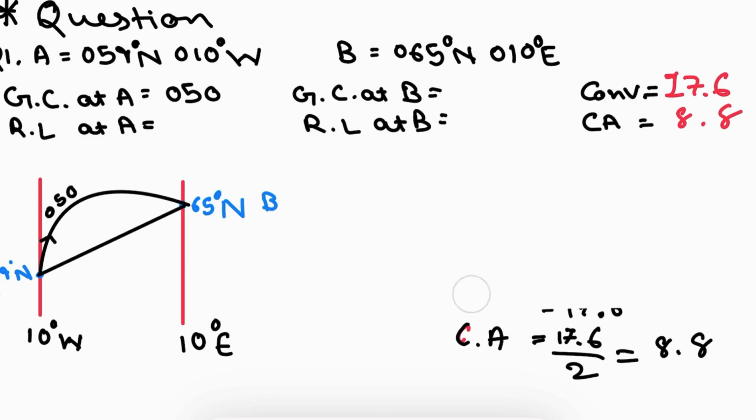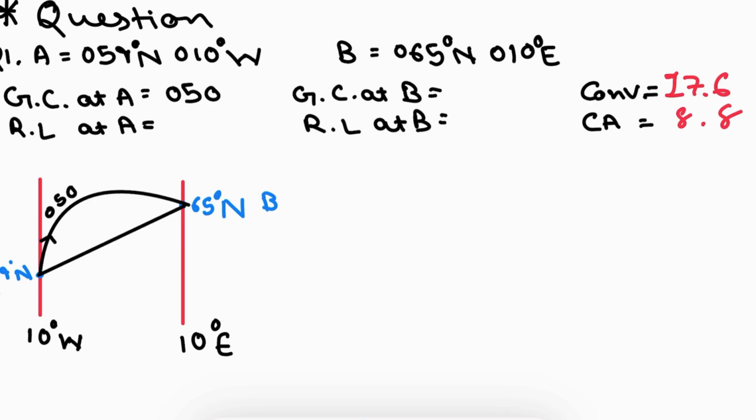Now we are going to find out the rhumb line and the great circle at B and the rhumb line at A. So we know that this conversion angle is 8.8. So if the angle from here to here is 50 and this angle is 8.8, the total yellow angle is going to be 58.8.